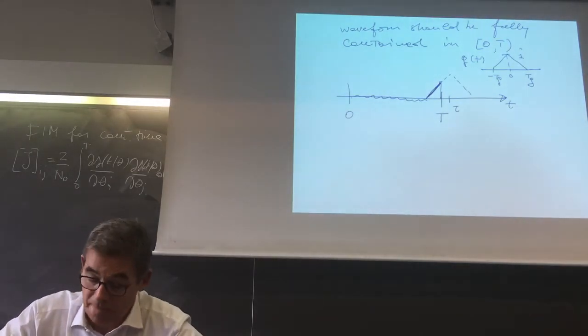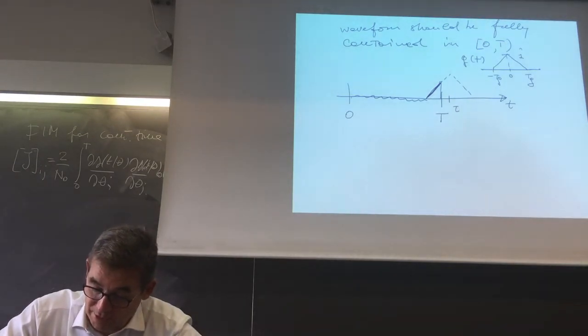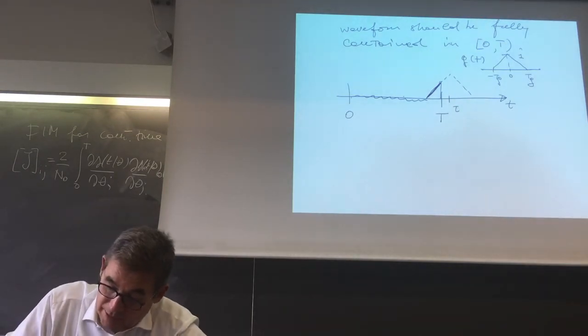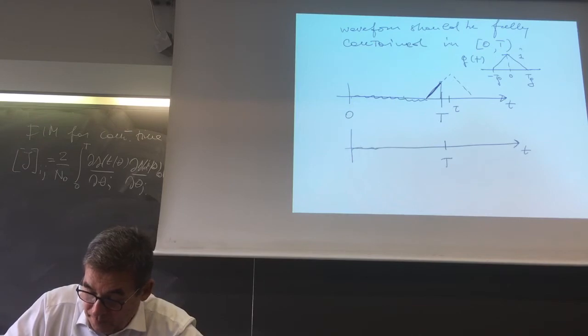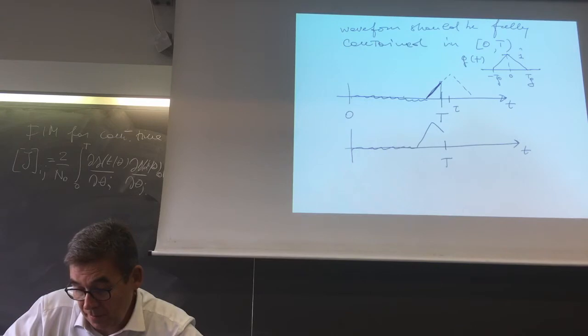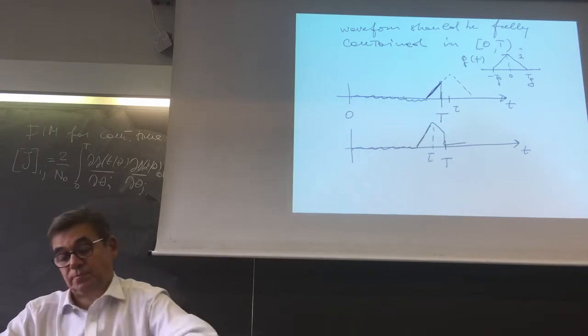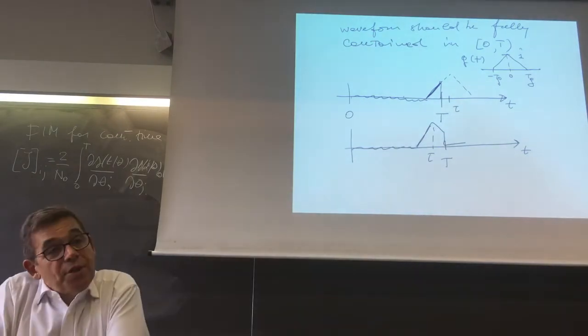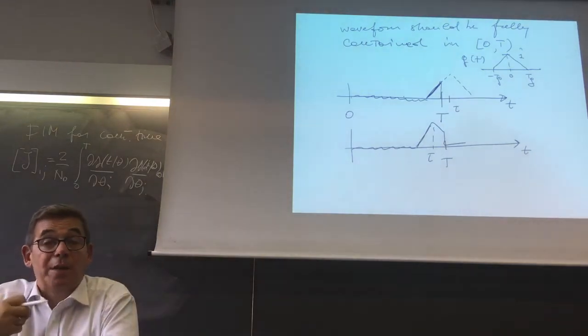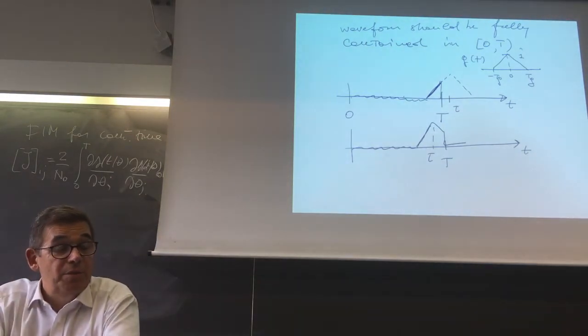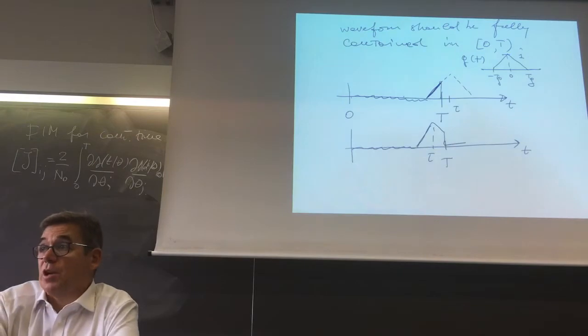Let's make another one. Assume now that I measure this way. Let's make it here. So tau is 0. Now, in both cases, the waveform is not fully contained in the capital T interval, because there is just a tail, a piece of the waveform.